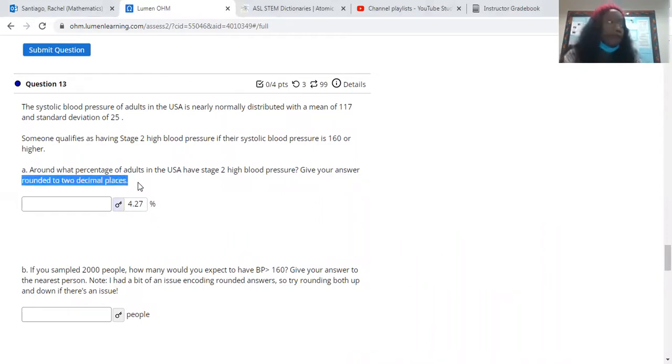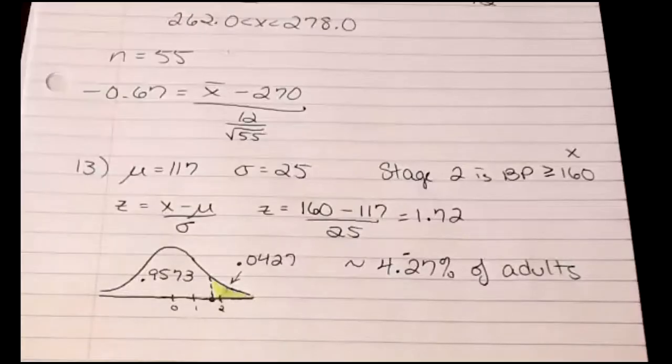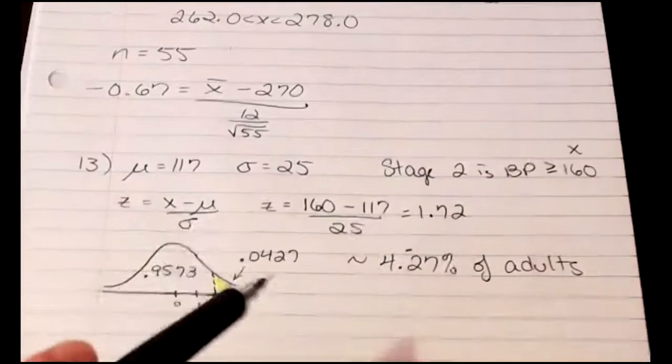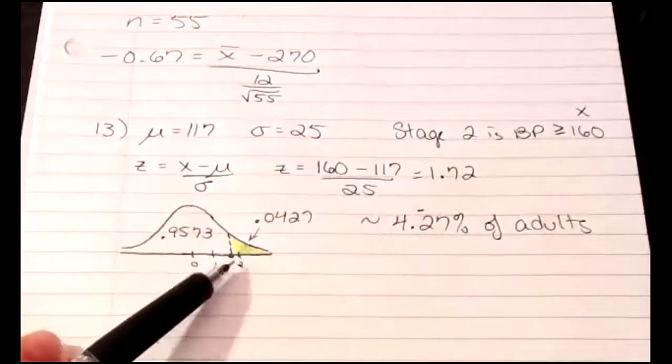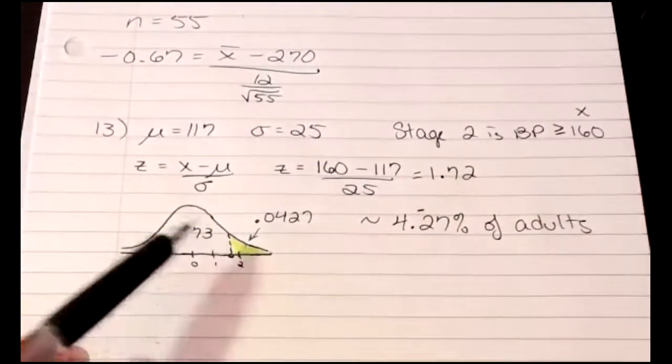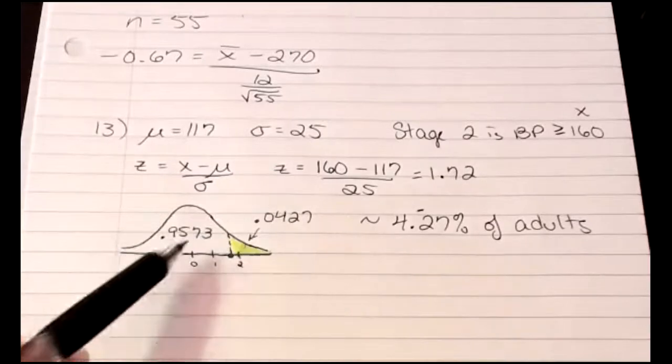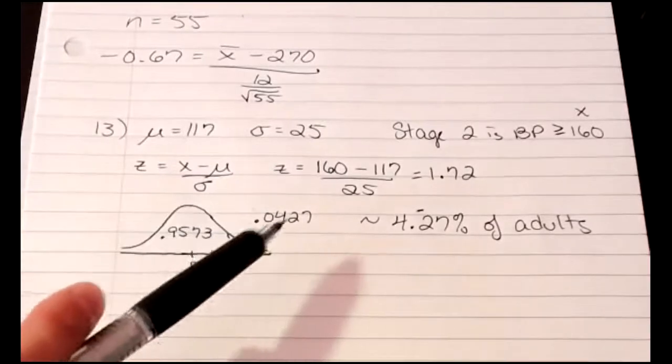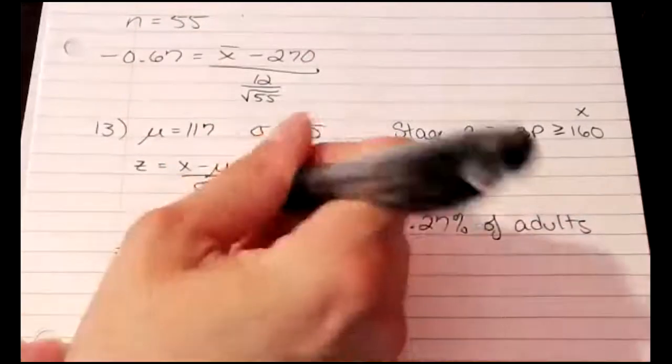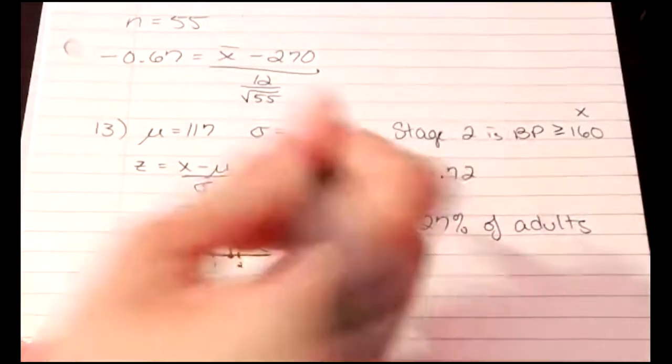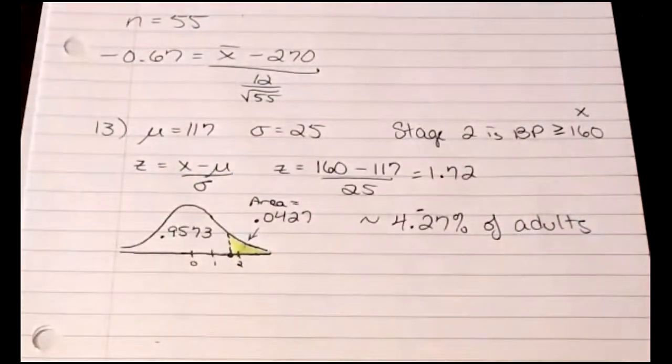Oh, I was thinking that was the z-score, and I was wondering why it was so high. That's the other thing: as you go through this, do it step by step. Calculate the z-score, plot it here, shade the region, and then use the table to find those areas. That way you can say the area or the probability is 0.0427, which we can then turn into a percent.